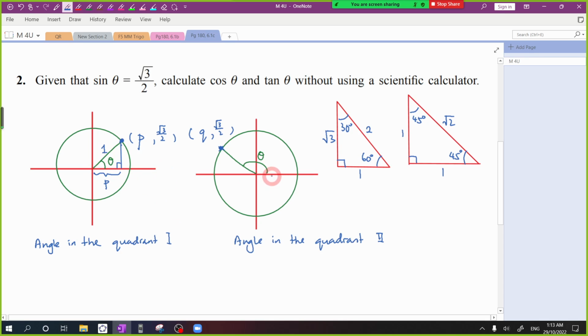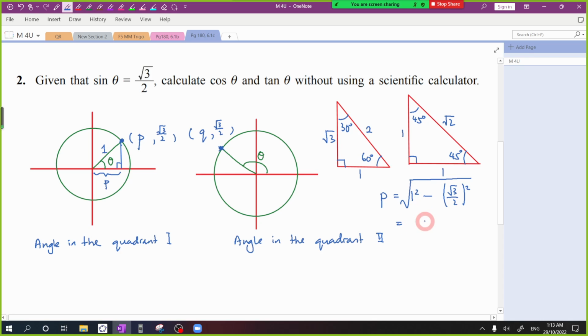Still remember what I told you just now? In a right angle triangle, we have 2 short sides and 1 long side. If you want to find the side length for the shorter side, for example P, we use 1 squared minus this squared, then square root the whole thing.